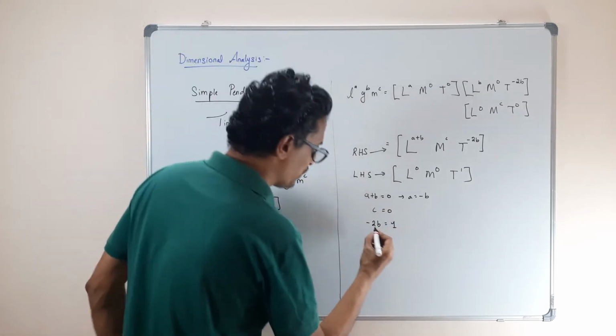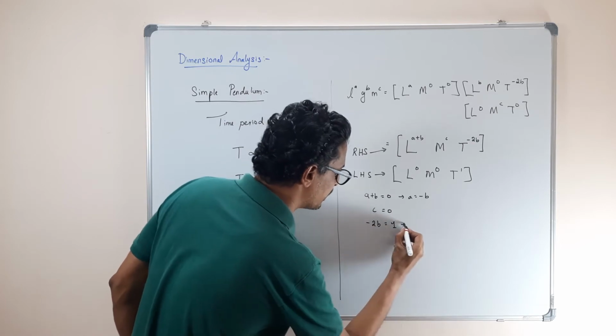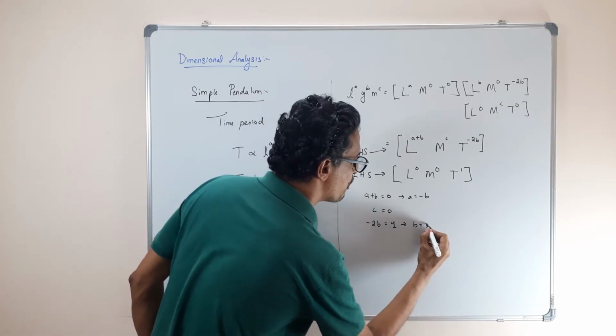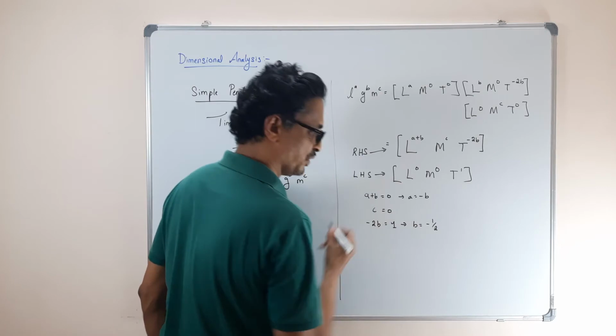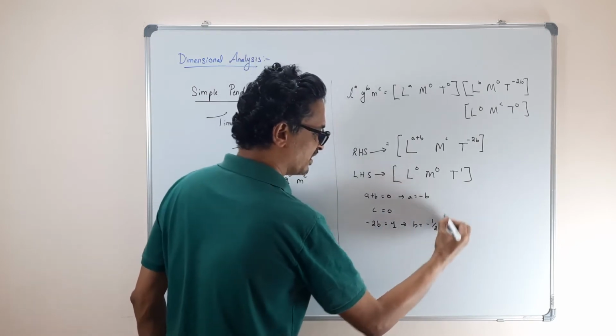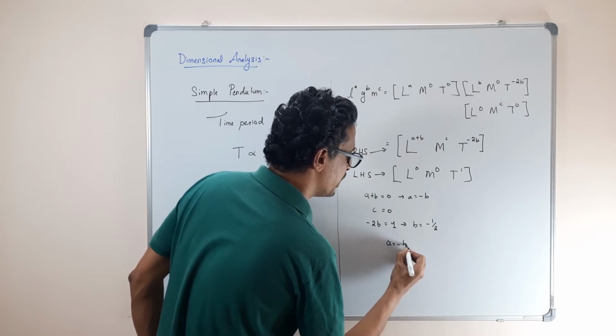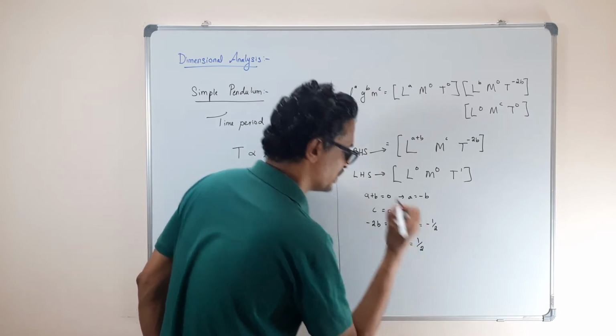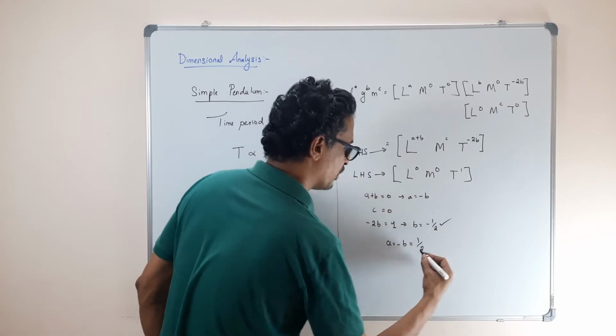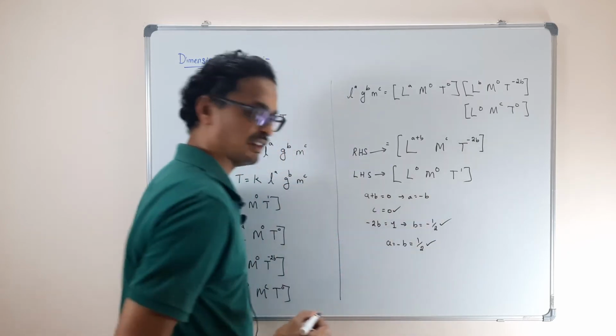Therefore, this will give me b equal to minus 1 by 2. Now from here, a equal to minus b, so a will be equal to 1 by 2. So we got b, we got a, we got c also.